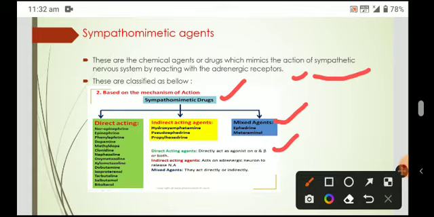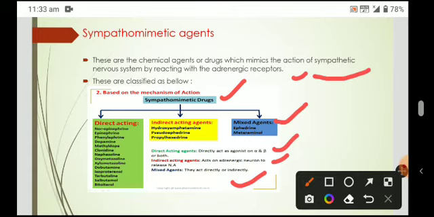Indirect acting agents act on the adrenergic neurons to release noradrenaline, and the mixed agents act both directly and indirectly.